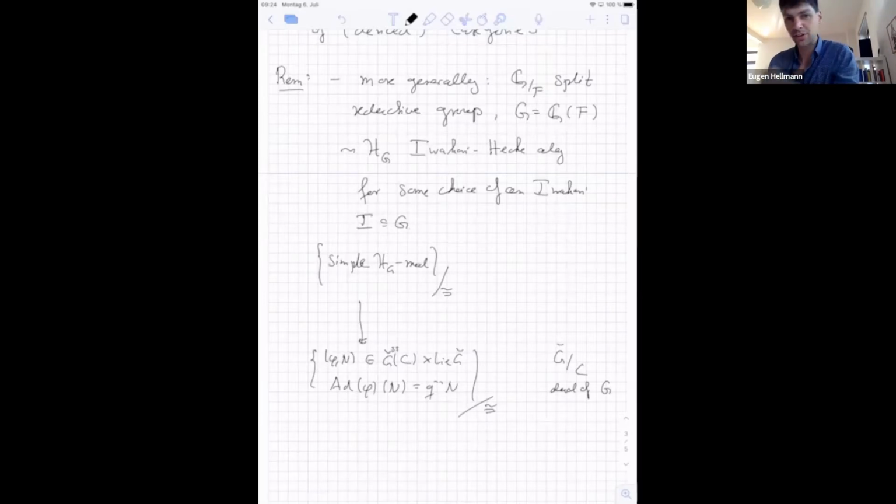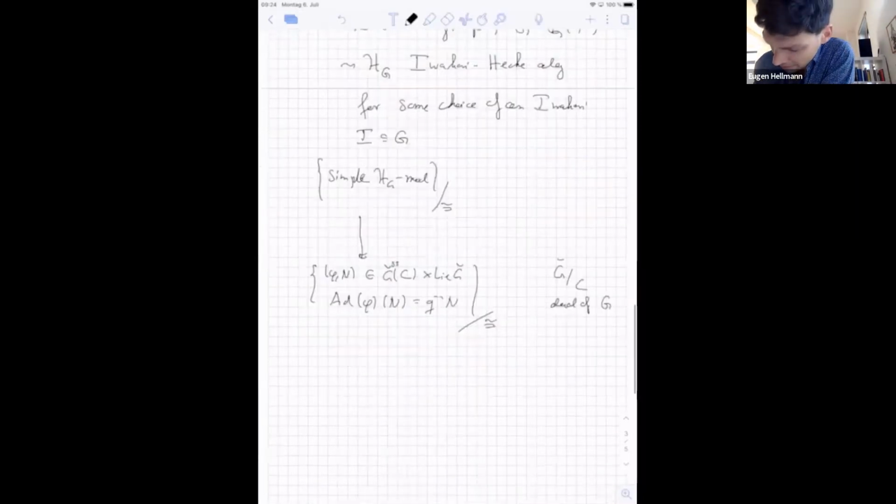Okay, so you again want to parameterize your simple HG modules by this, but you only end up with a map which is surjective with finite fibers.